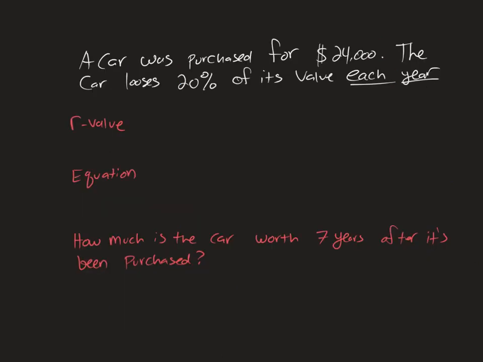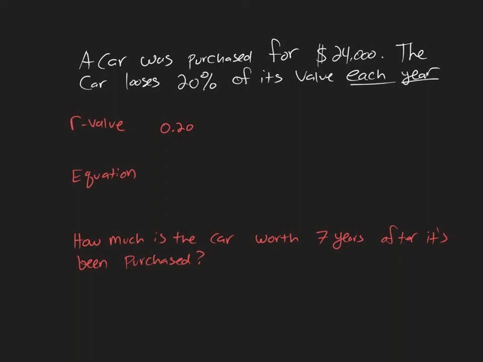So we're going to use this idea to think about purchasing a car. When you buy a new car, it's really expensive, and over time, as you drive and use the car, it loses some of its value. So if a car loses 20% of its value, and you purchased it for $24,000, the r value is going to be 0.2, because that is 20% as a decimal.